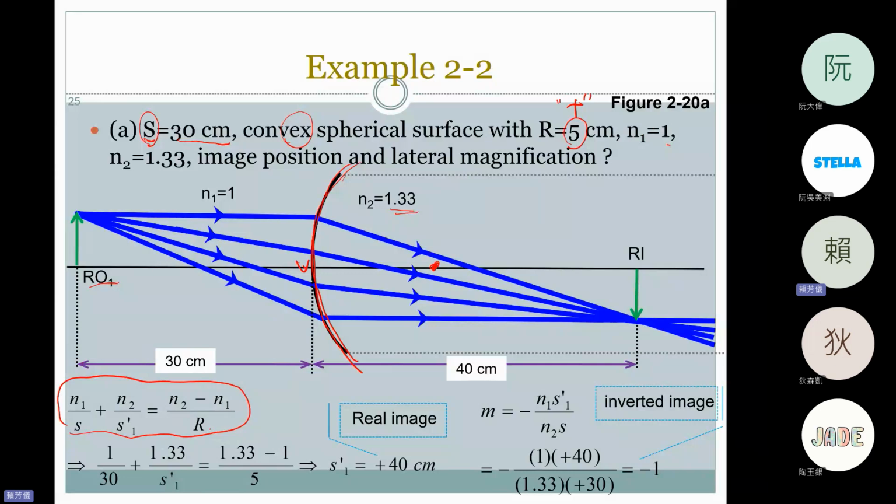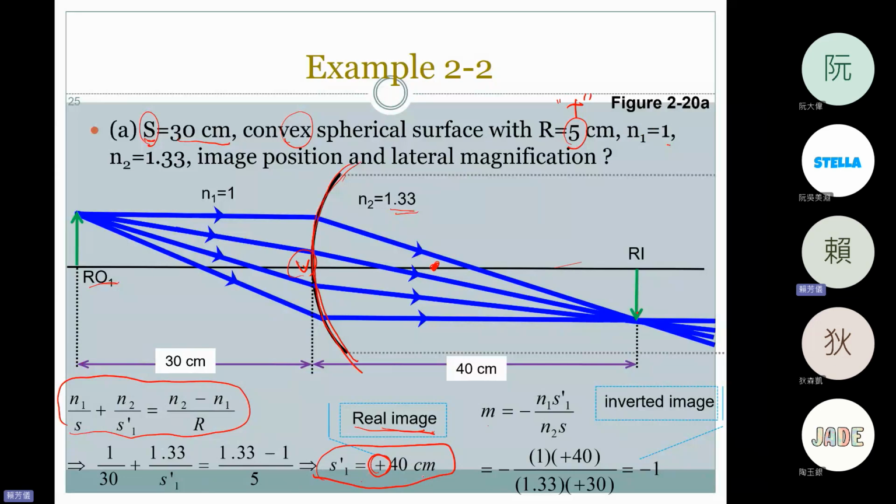We can easily use this equation to get the image position of positive 40 centimeter. That means this is a real image, because the sign is positive, and the position is on the right side of the vertex V, so it should be here.